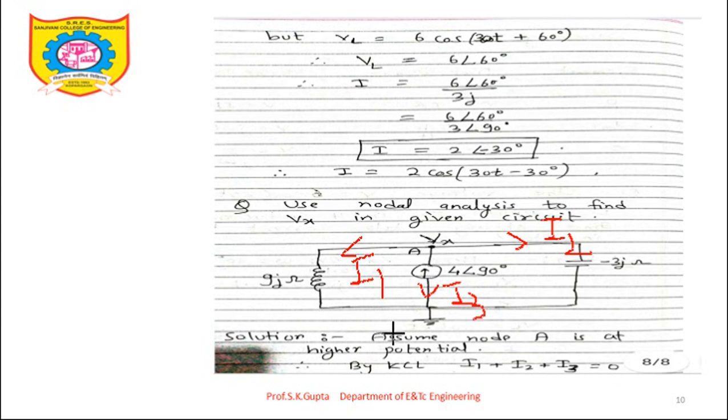So voltage minus voltage, this voltage is 0, divided by impedance. Impedance is 9j. So this will be Vx minus 0 divided by 9j, plus I2 current, Vx minus 0 divided by minus 3j.